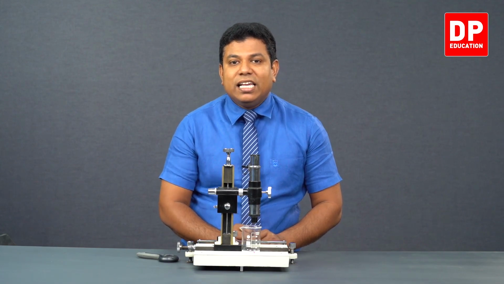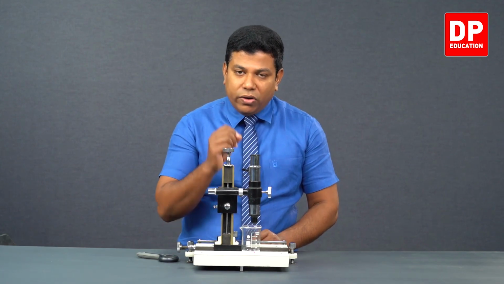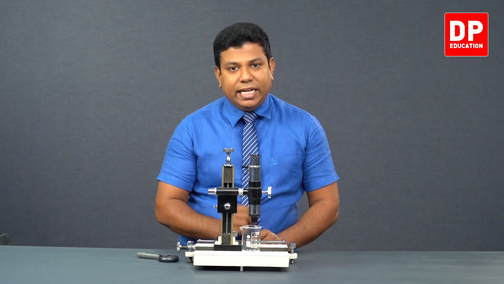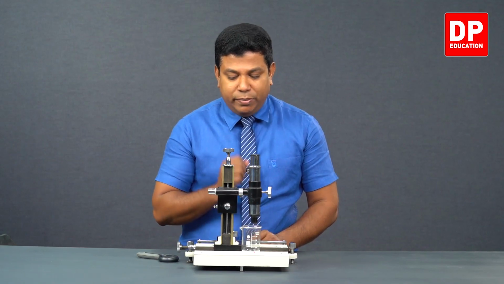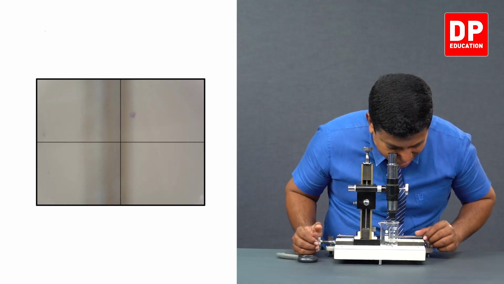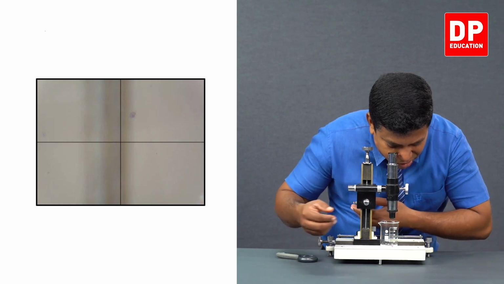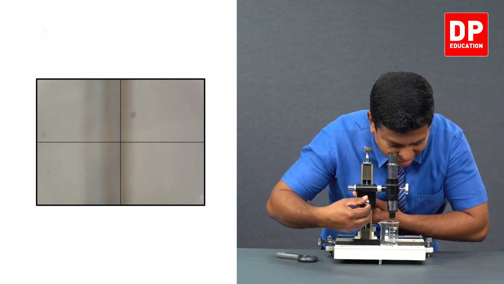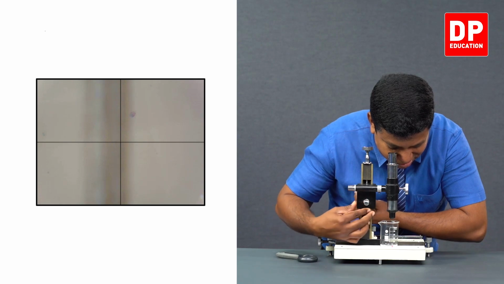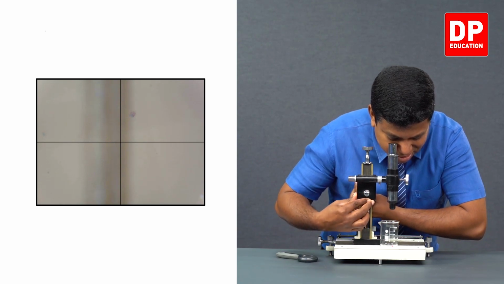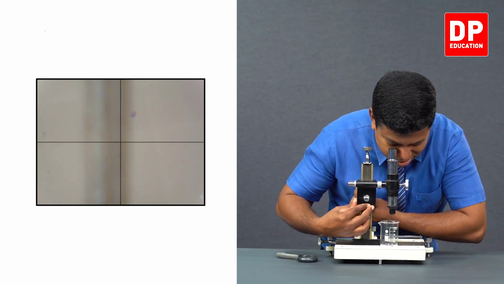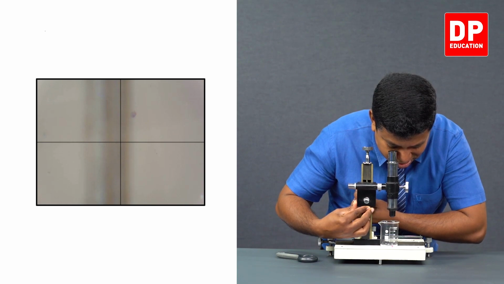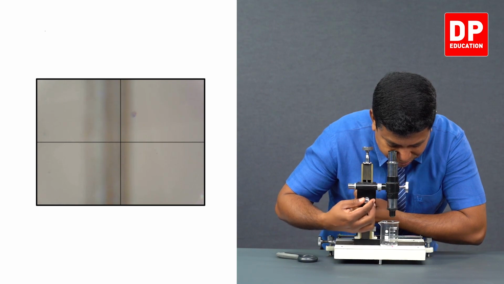Once I get a clear image of the pin on the crosswire, I have to get the reading. Let's check the image of it now. I don't see any image of the pin, so let me adjust it on the main scale. I can see a blurred image.